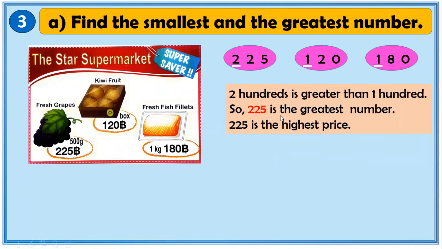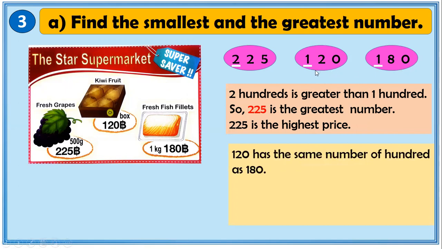Now that we have found out the greatest number, let us now find the smallest number. Okay, so we need to compare these two numbers. So as you can see, 120 has the same number of 100 as 180. So the digit on the hundreds place are both 1. Okay, now what we need to do is to compare the digits in the tens place.